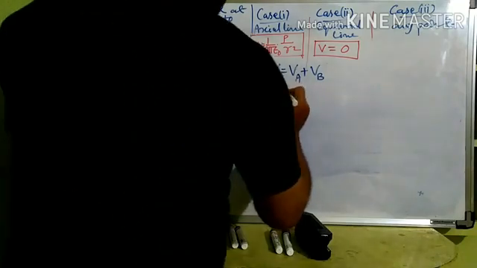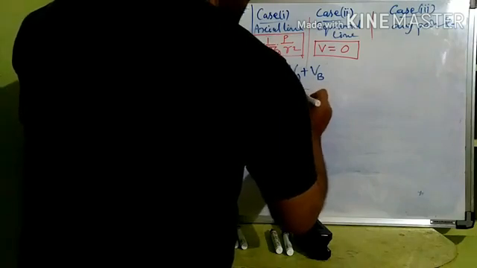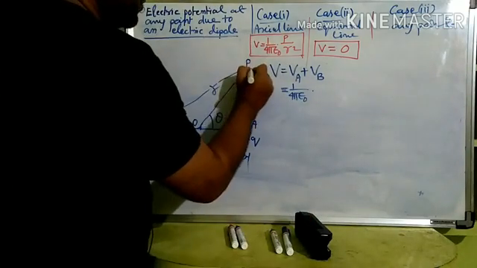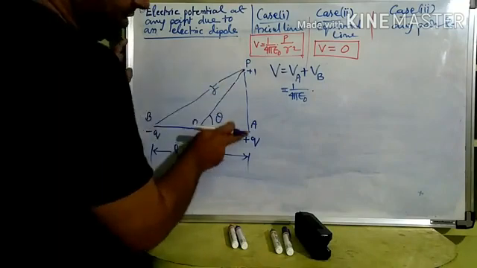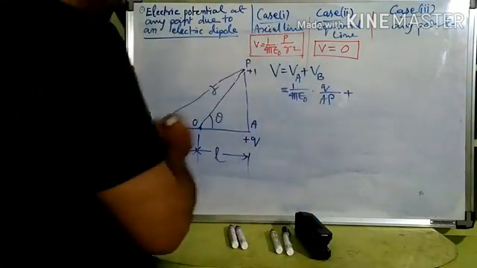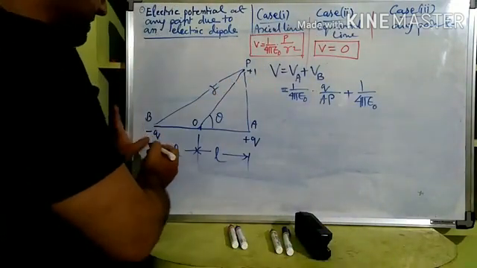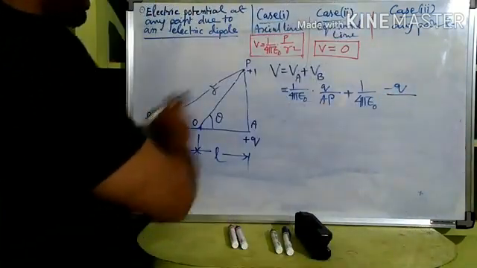But here, what is VA? VA is equal to 1 by 4 pi epsilon naught, imagine one unit positive charge, Q by AP, the distance between A and P. Plus VB is how much? 1 by 4 pi epsilon naught, but it is minus Q, so minus Q divided by BP.